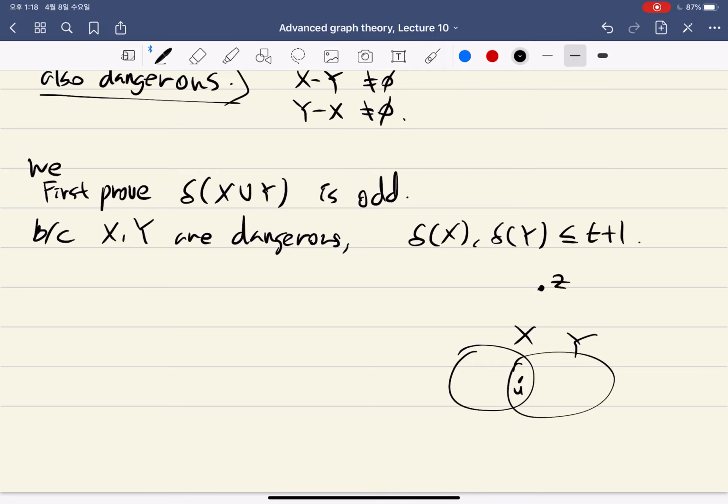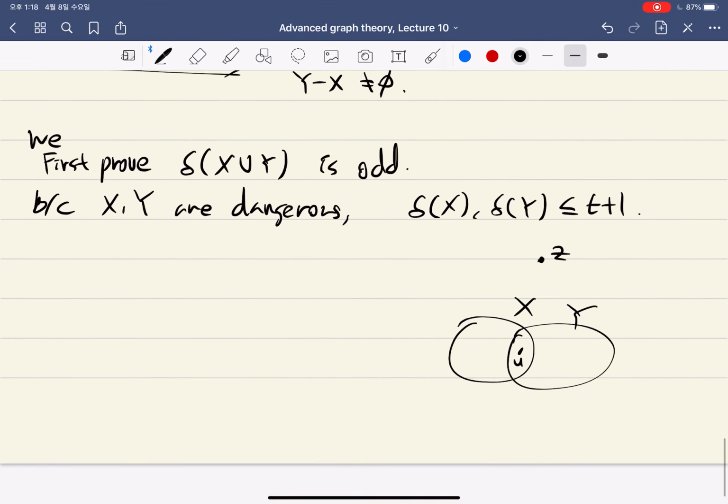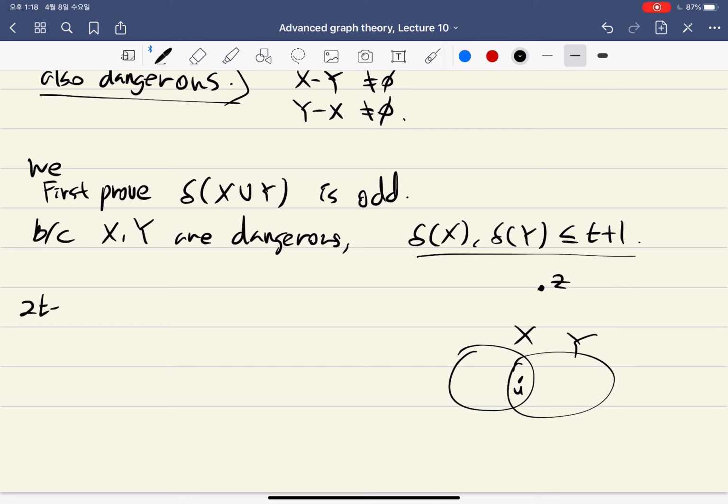And what do we know? If we add these two, 2T plus 2 is at least delta X plus delta Y. And this counts all the edges of this and this twice, this once, this twice. So this expression counts all the edges of this type, and some of them twice.